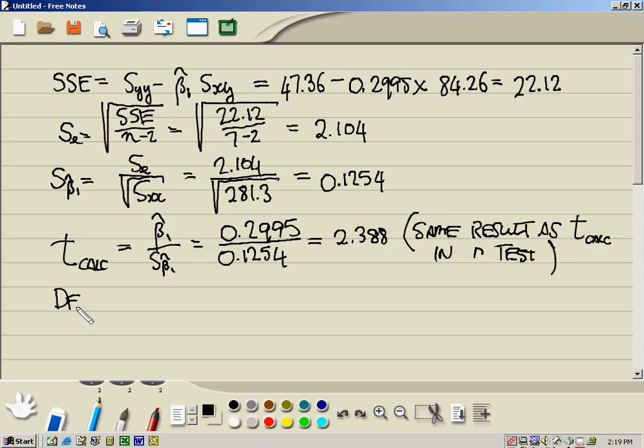And so we'll have exactly the same decision, except we'll change one word, that is, we'll change the word correlation to relationship.